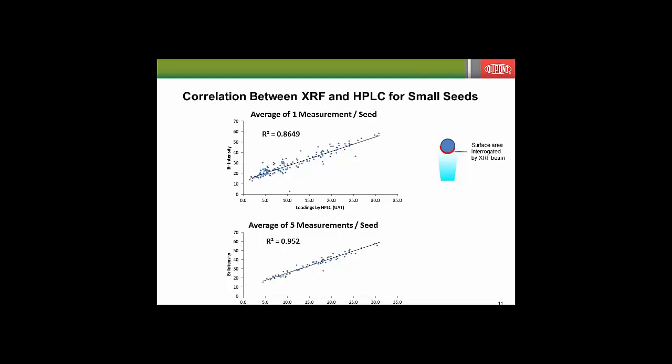So this particular series of plots are just showing how the XRF signal in bromine intensity correlates with subsequent HPLC testing with one replicate measurement, but then as soon as multiple replicate measurements are taken, you can see that there's a far higher correlation.